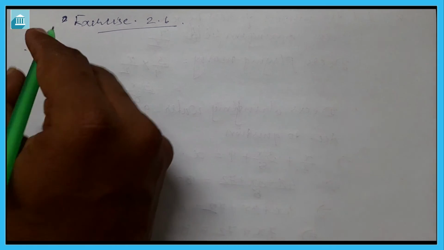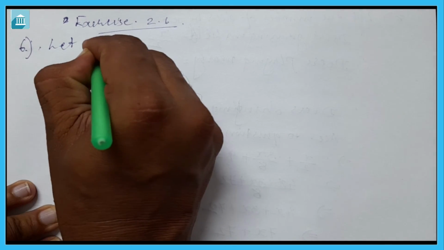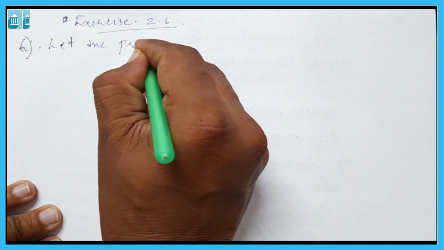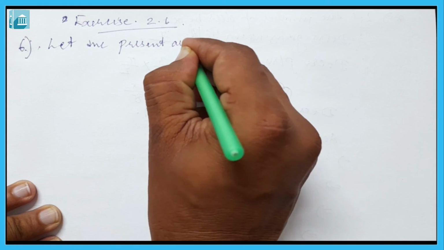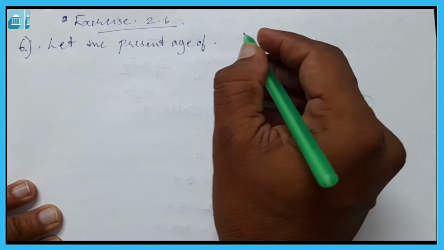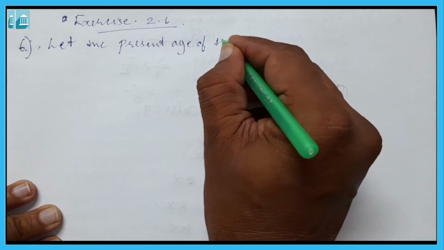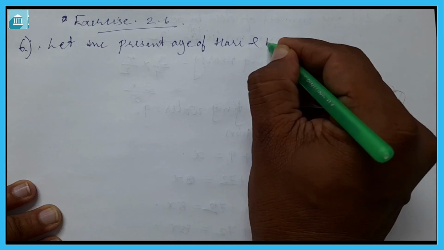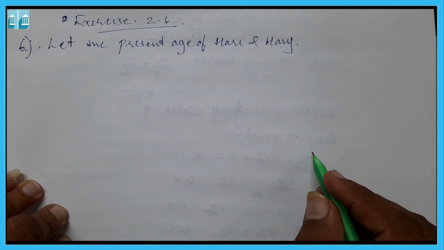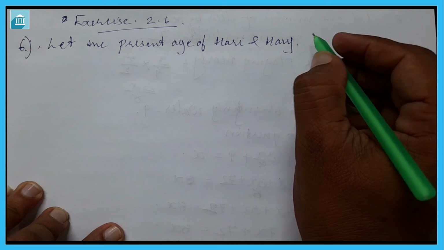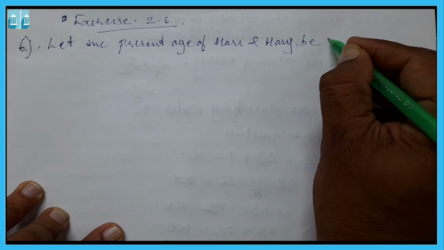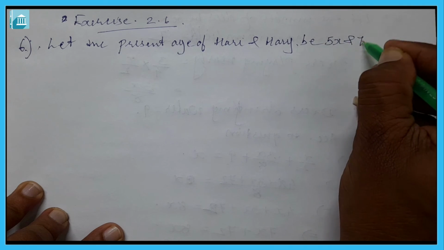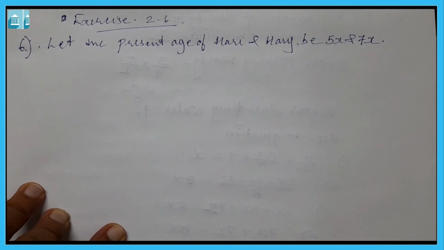First we will have to assume. It is given that the ratio is 5:7, so let the present ages of Hari and Harry be 5x and 7x.